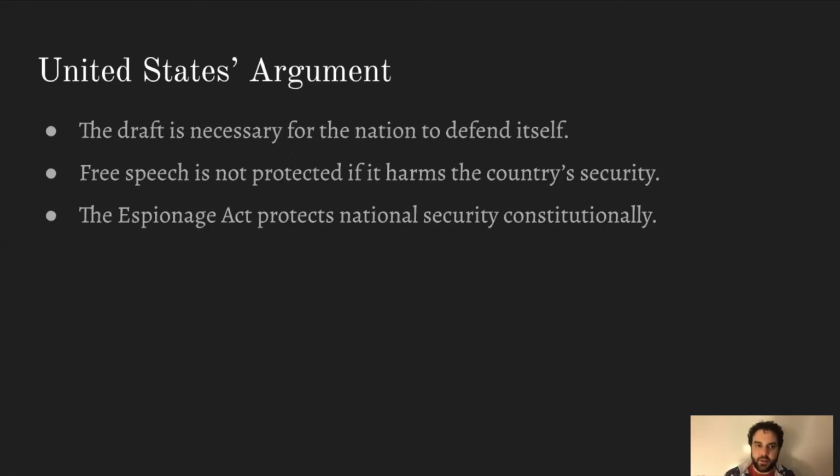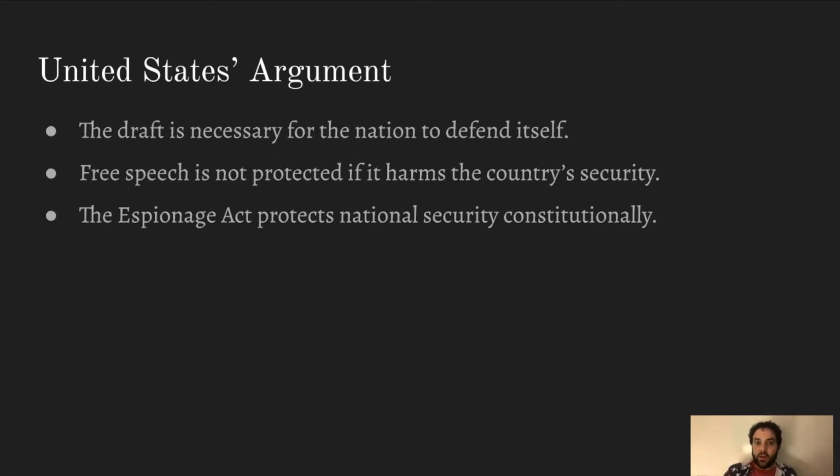The US, on the other hand, argued that the draft is absolutely necessary for the nation to defend itself, that there is a balance that obviously must be maintained between security and individual liberty.